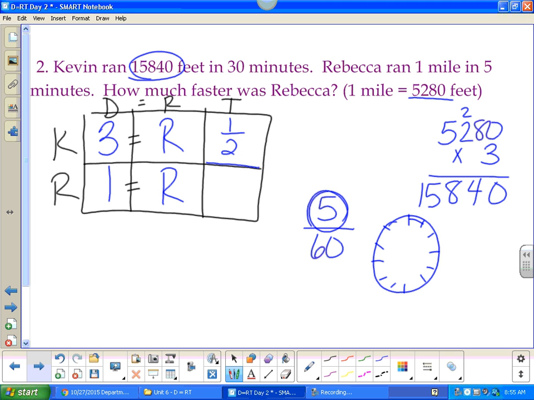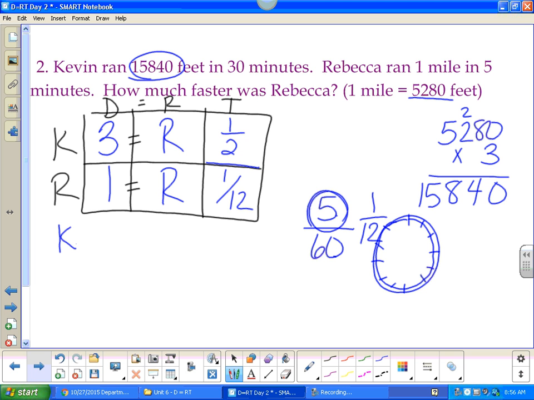Well, there's 1, 2, 3, 4, 5, 6, 7, 8, 9, 10, 11, 12. There are 12 5-minute increments. So 5 out of 60 is going to give me 1/12. So instead of memorizing it, just think about it. How many 5-minute chunks are on a clock? And there are 12, so that would be 1/12.